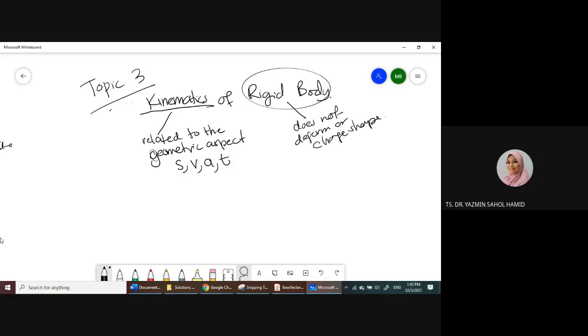Okay, all right. So basically the difference between rigid body and particle: when we talk about rigid body, it has internal structure components.